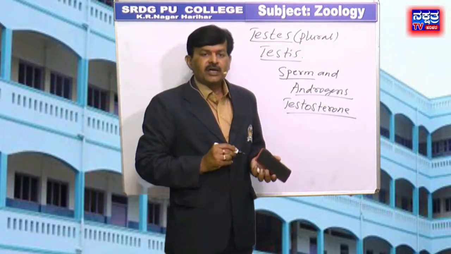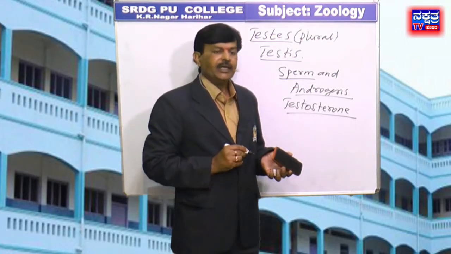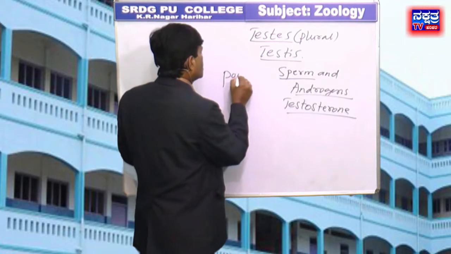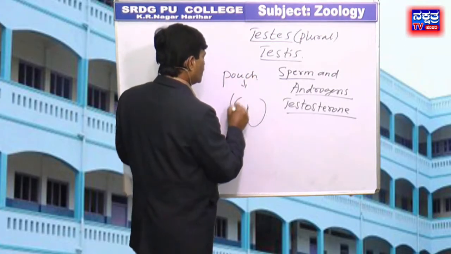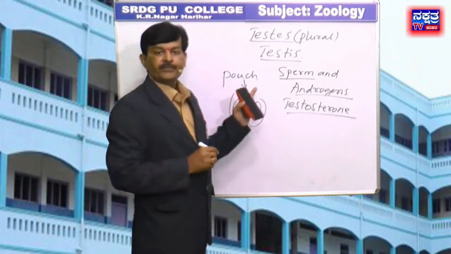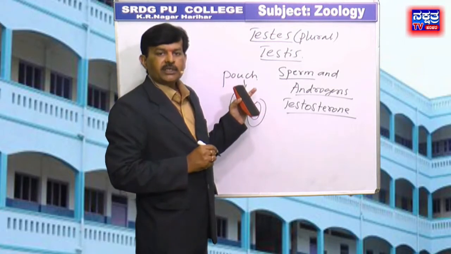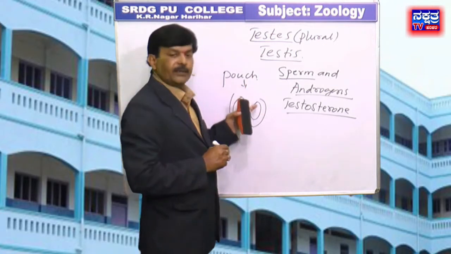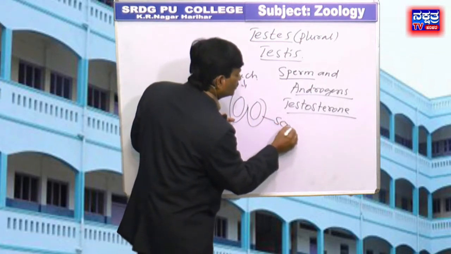The testes are situated outside the abdominal cavity within a pouch, and that pouch is called scrotum.